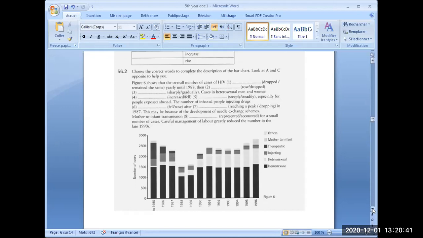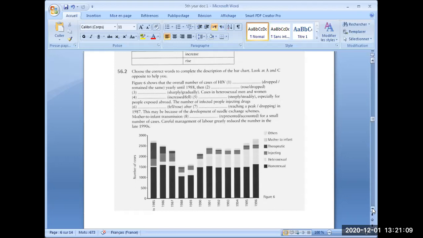The past of rise, be careful at your irregular verb, please. I keep repeating because I find many funny surprises in your test, really for common verbs, I mean. Okay, rose and rose how? Sharply or gradually? Yes, gradually, correct.